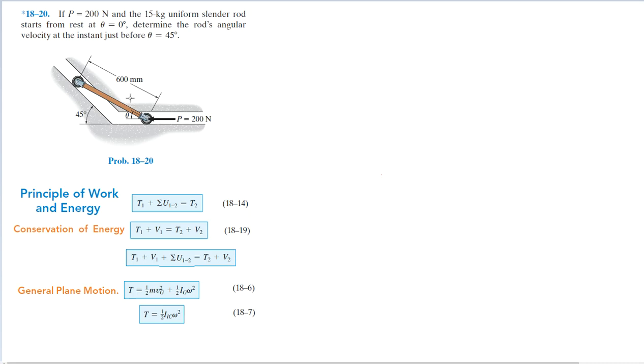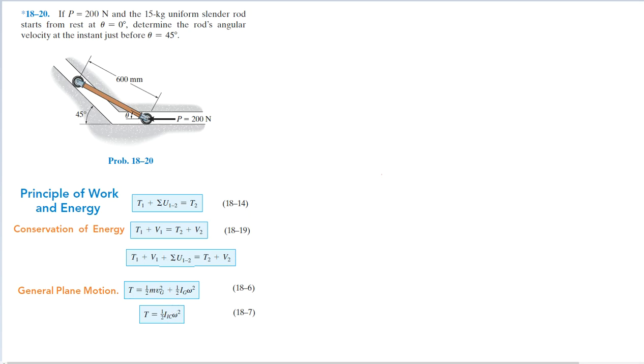Again, combination of rotation and translation of the body. So we have the option to use this other equation, 18.7, where kinetic energy is the mass moment of inertia of the rod about the instant center of velocity times omega squared, and omega is the one that we need to find. Okay, so this is the problem.